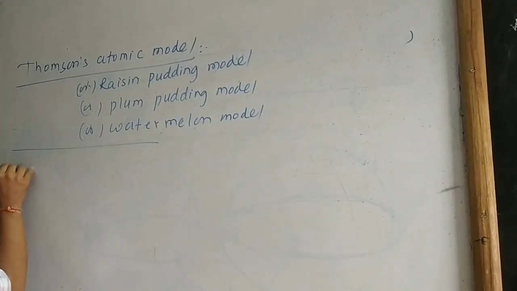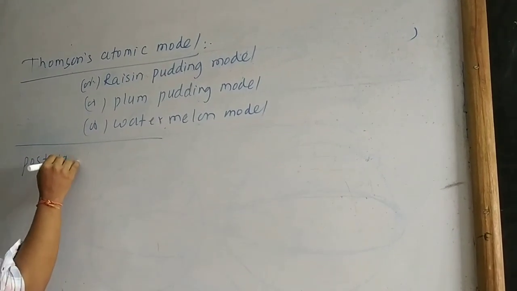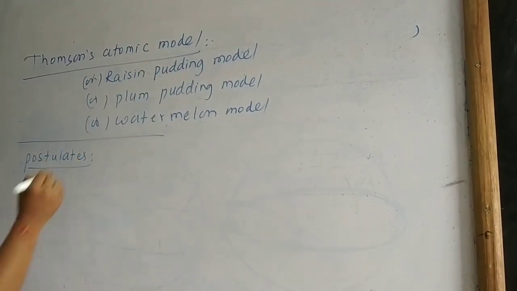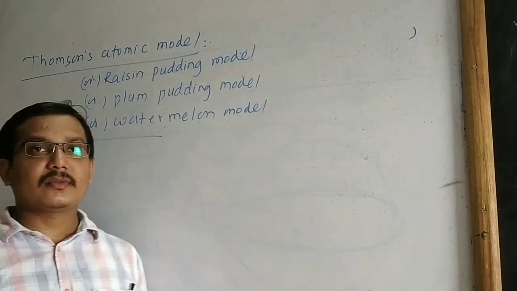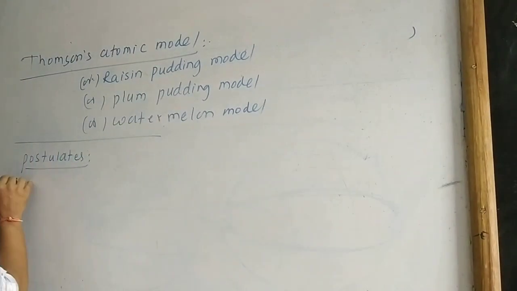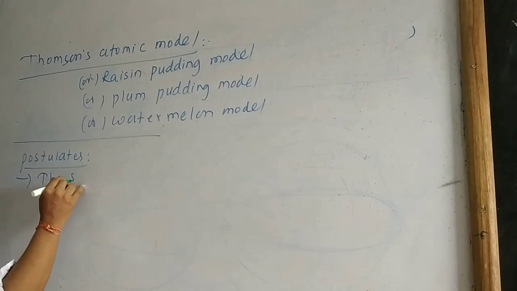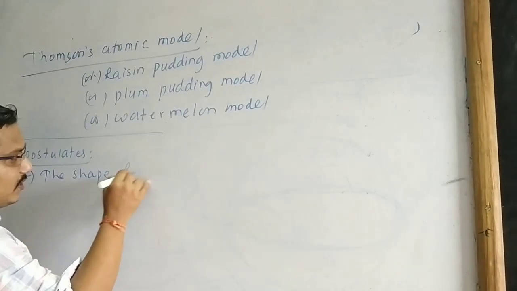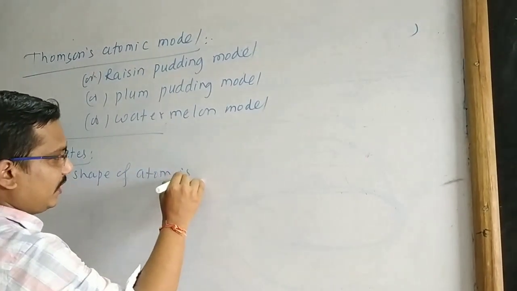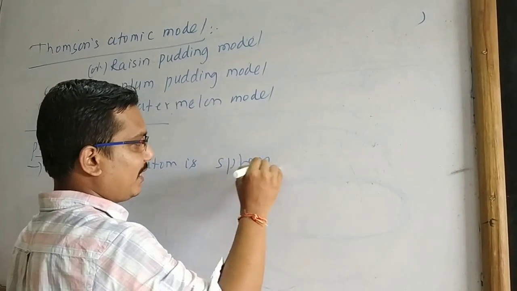Let me discuss the postulates of Thomson's atomic model. According to this model, the shape of atom is spherical.